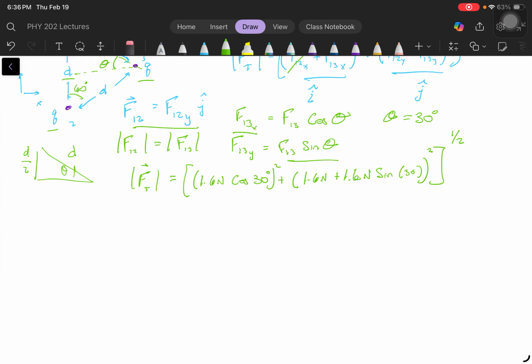Let me just go 0.8 plus 1.6, 2.4. 30 cosine times 1.6, 1.38, but that's squared, so we have 1.92, plus this is also squared. 2.4 squared is equal to 5.76.